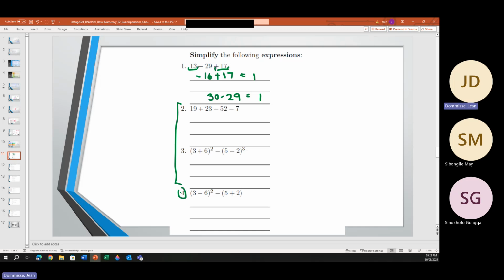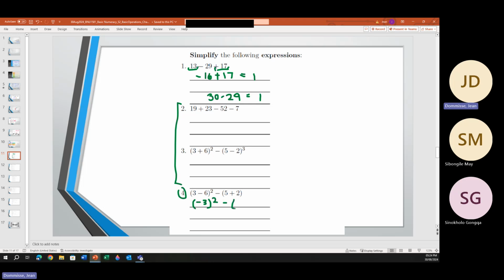If I look at question 4, there's an exponent and a bracket. Firstly, we need to do the bracket. What is inside the bracket? It's 3 minus 6, so 3 minus 6 is minus 3, with the exponent.